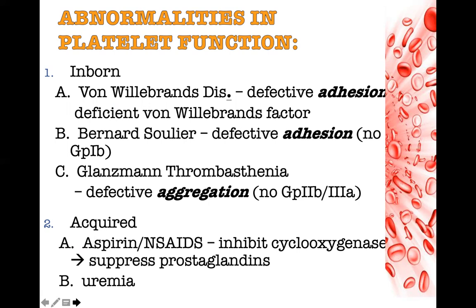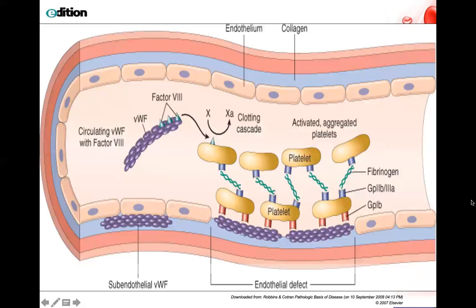Uremia can also contribute to qualitative platelet disorder because uremia suppresses the function of platelet factor 3. So this is your Bernard-Soulier, this is your Glanzmann's thrombasthenia. Then another would be a deficiency in your von Willebrand's factor.